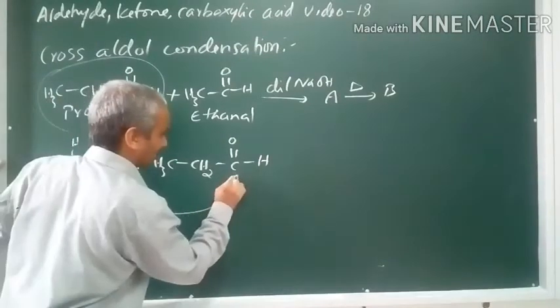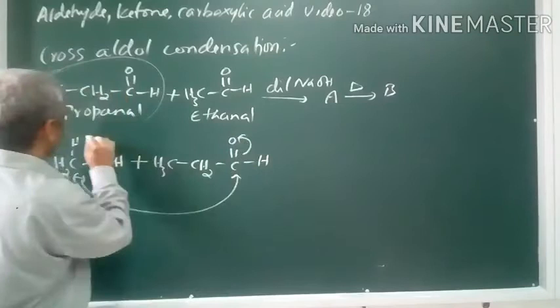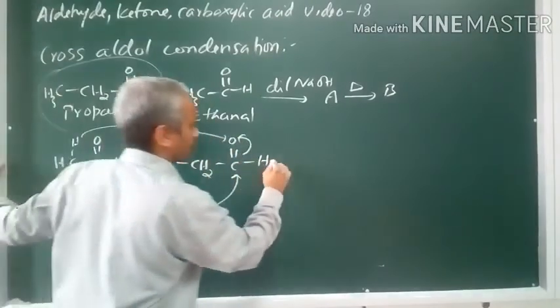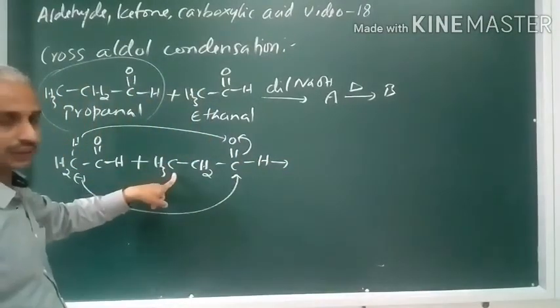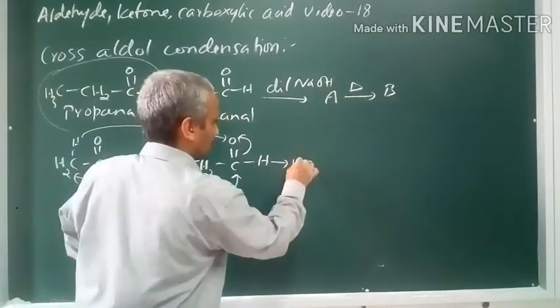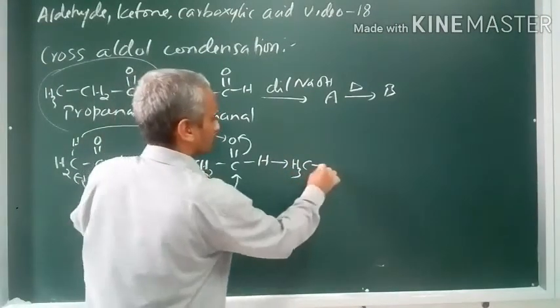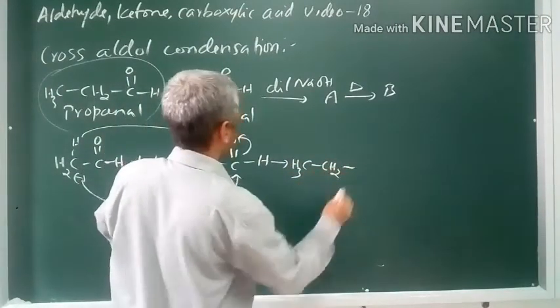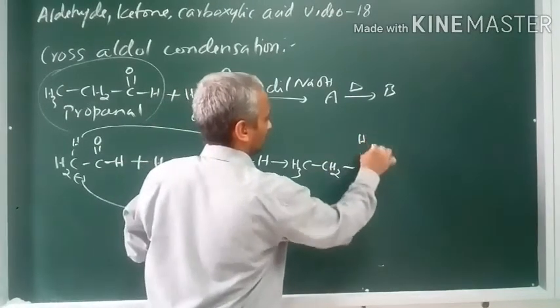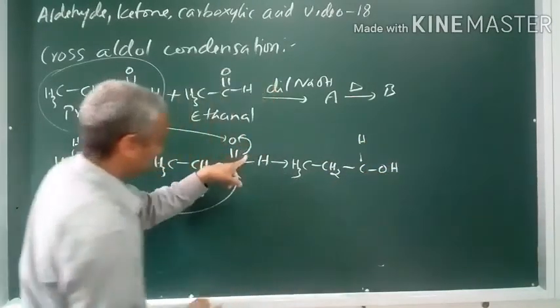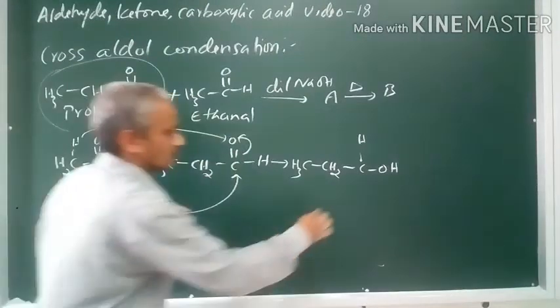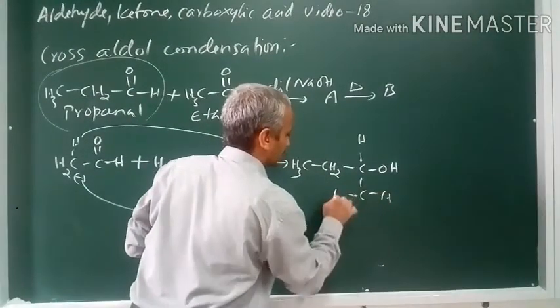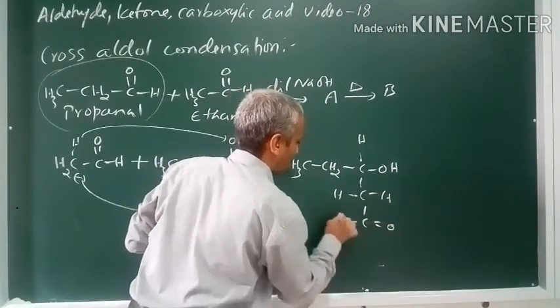This attacks the carbon, and the hydrogen is taken by this. So what will the product be? Just see here. CH3 CH2 CHOH, then CH CHO.